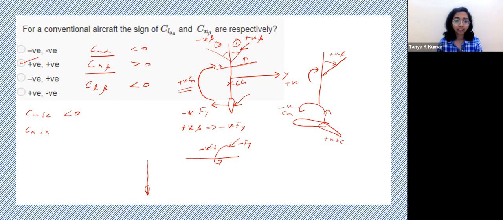Now, if you deflect your rudder towards this side, that is towards the left, this is considered positive rudder deflection. This is positive delta R. Deflecting towards the left is positive rudder deflection. Now, if I deflect the rudder towards left, that is positive rudder, will it create a positive or negative yawing moment? Will Cn be positive or negative?